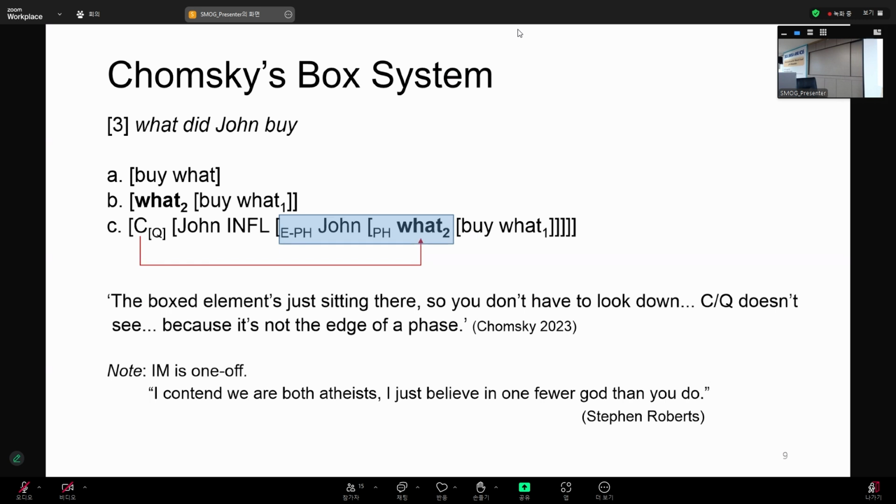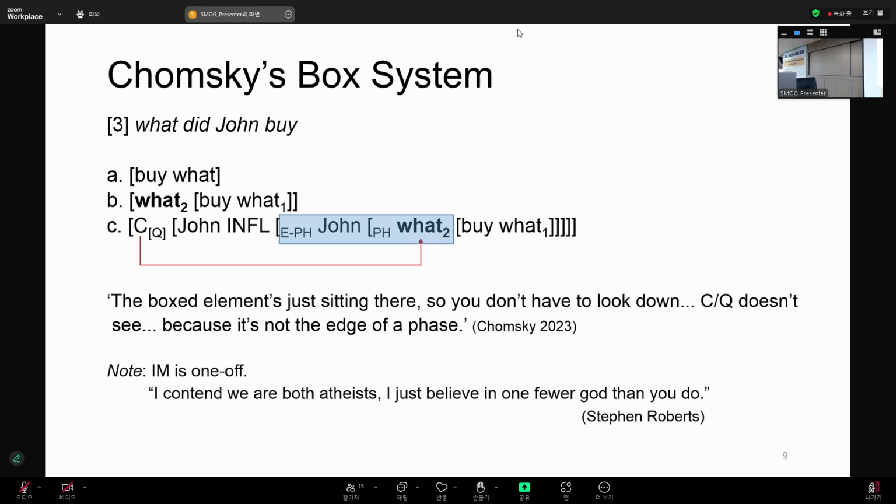I actually don't know what this means, but the point is that because they're just there, CQ doesn't care whether there are 2 elements in between or 300 elements in between. What's at the phase edge is only relevant to the search by CQ. So the idea is, in a sense, pretty similar between Chomsky's box system and my dynamic access model.